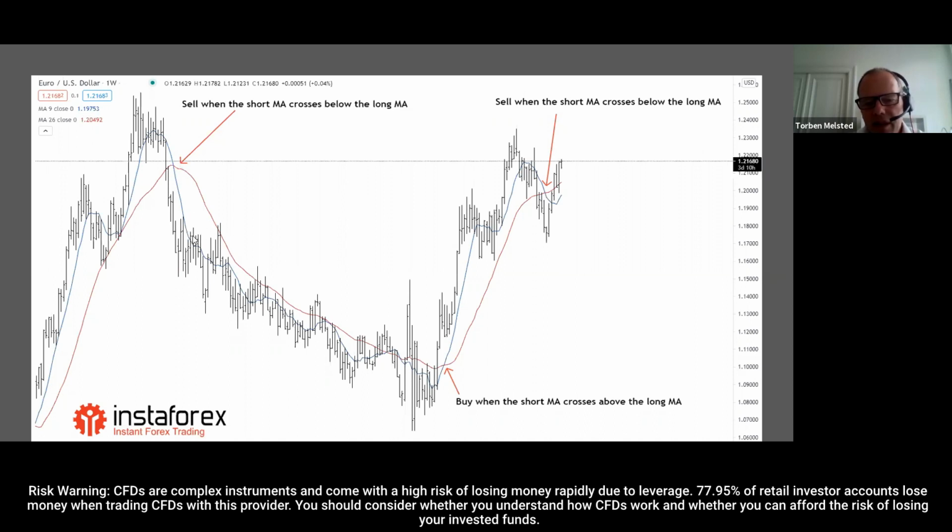But you will enter at 115, and you will have to exit down here somewhere, and it would be around 112. So still it would be a nice trade, and you can see you would be in this trade from around May 2018 to May 2020.